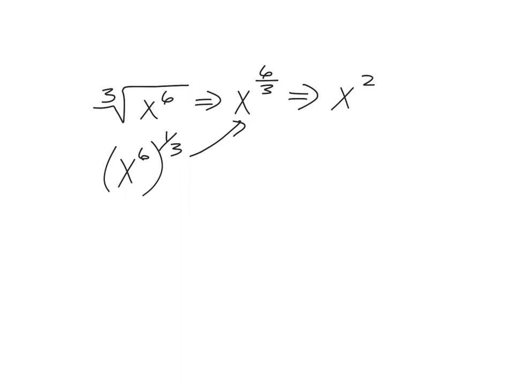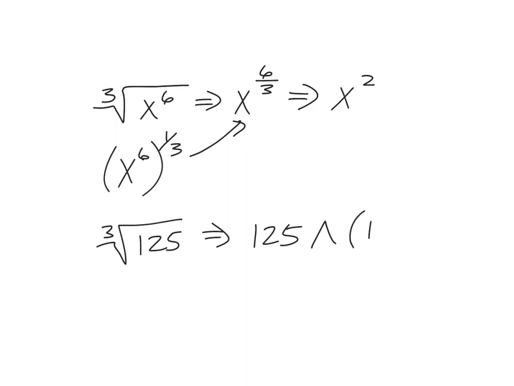What if you have a number in there? Let's say I have the cube root of 125. There's a couple ways to do this on the calculator. One is you can just type it in as 125 raised to, now if you don't do the alpha y equals button, then it's parentheses 1 divided by 3, and that's going to give you 5.